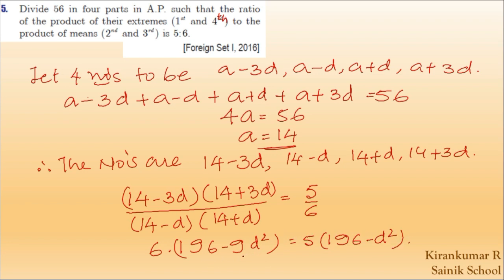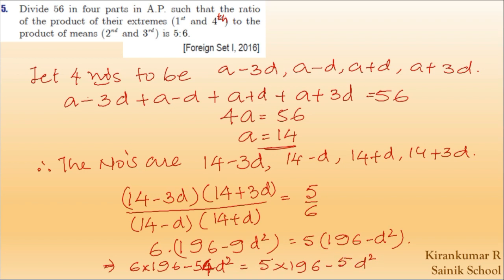How do we simplify that? Here you can consider the product. Let us multiply this. We get 6 times 196 minus 6 times 9, which is 54, d square, equal to 5 times 196 minus 5 times d square.